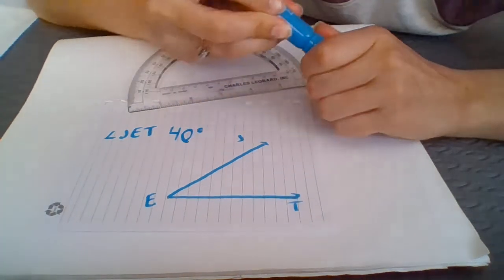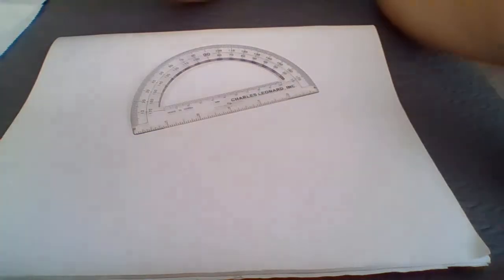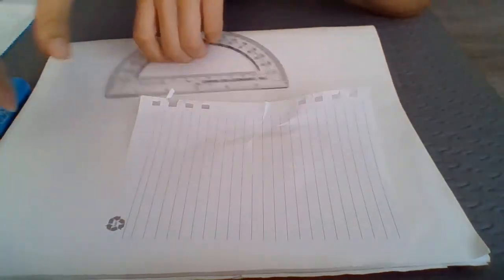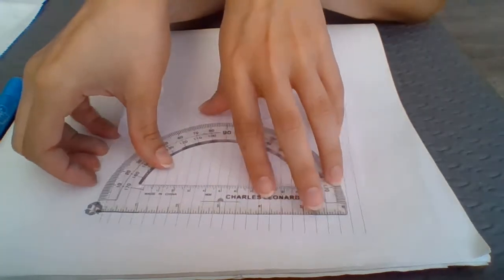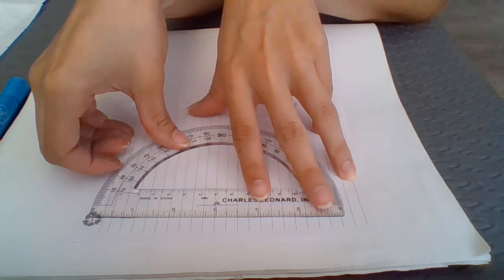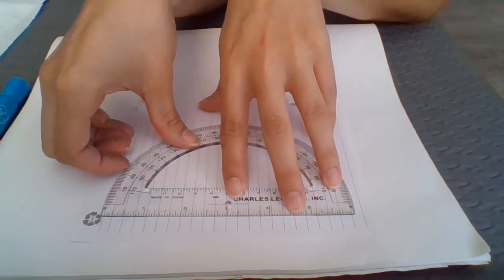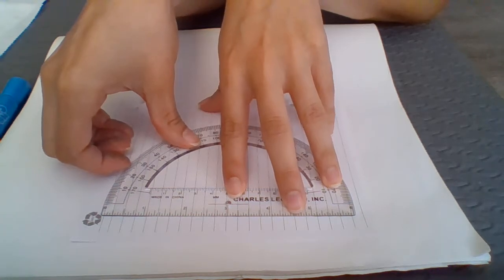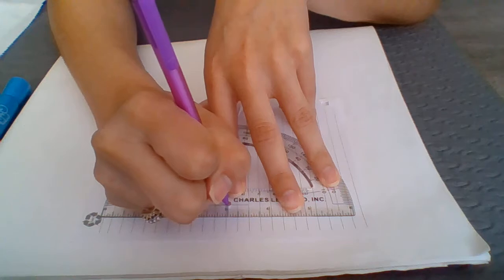Now, what if I wanted to draw my own angle? I'm going to put the protractor down, and I'm going to make my vertex in that little hole.